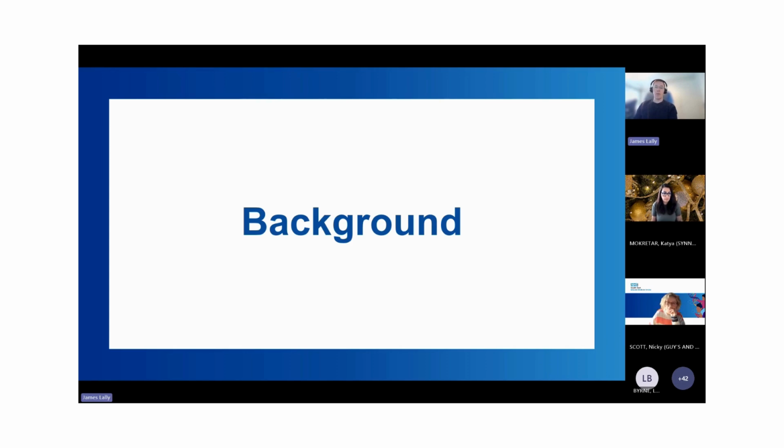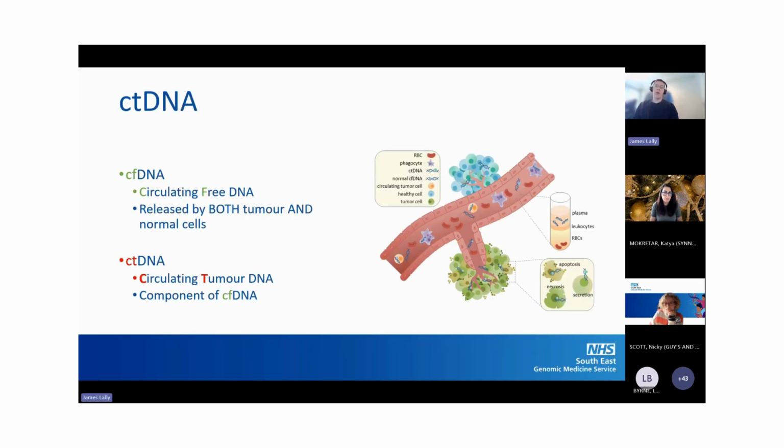Firstly, I'll talk about some background on test directory targets and the role of genes that these play in disease pathogenicity and treatment. I'm aware that many of you will already know what ctDNA is and why we are testing, but just to provide a small bit of context for those who may be unfamiliar with the terminology or new to the area: circulating simply means that it is in the bloodstream, and free means that the DNA isn't encapsulated within cells, i.e. it's floating freely, which is one of the reasons why we need to process these samples rapidly.